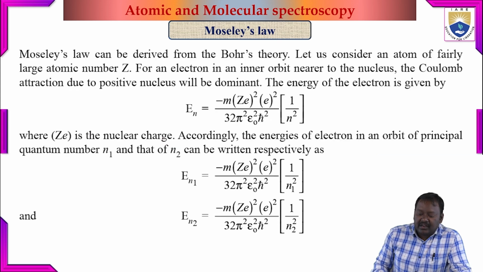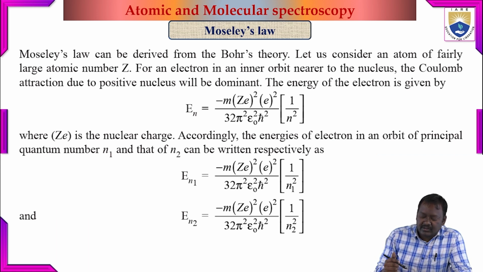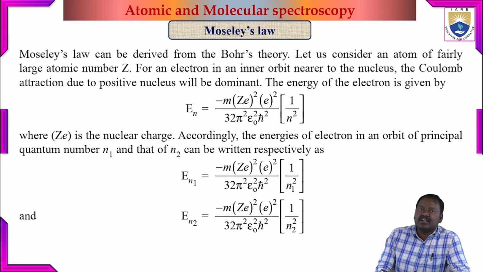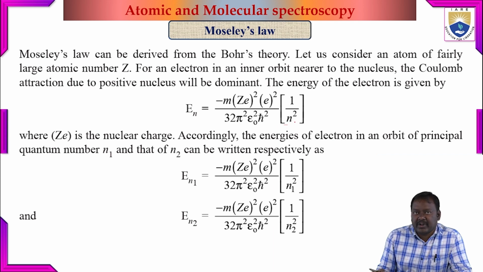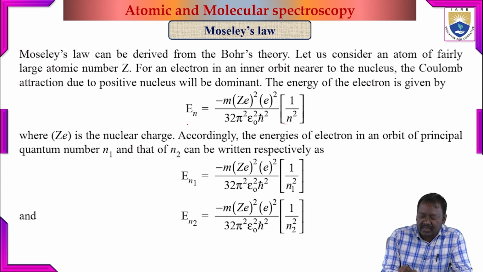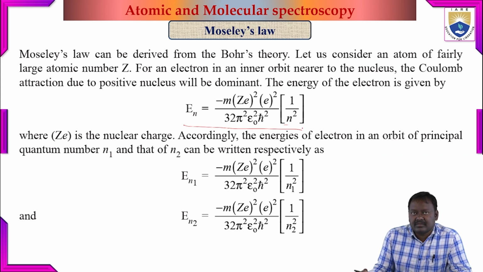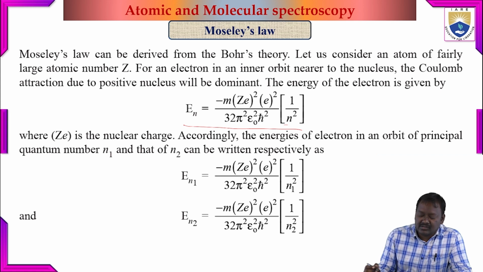And we can derive Moseley's law from Bohr's theory also. According to Bohr's theory, the energy of an electron in different orbits depends on the principal quantum number n, and it also depends on the charge of the nucleus.